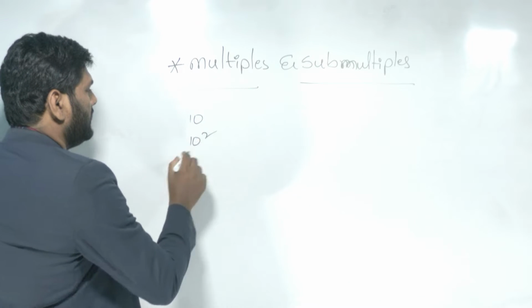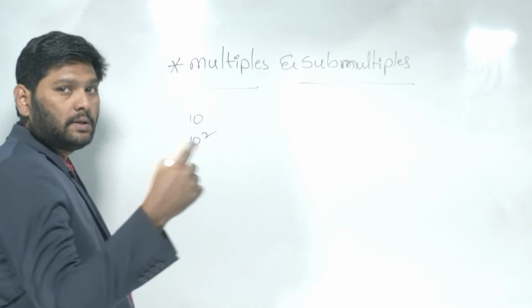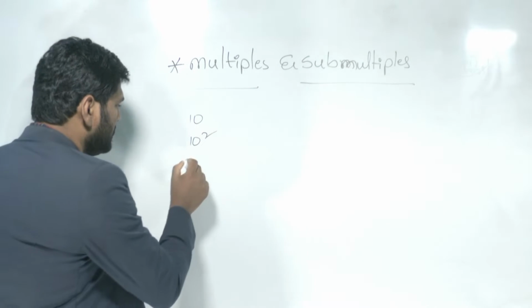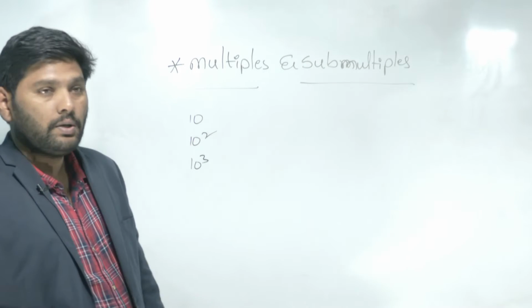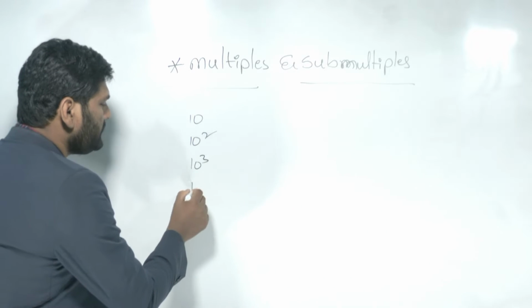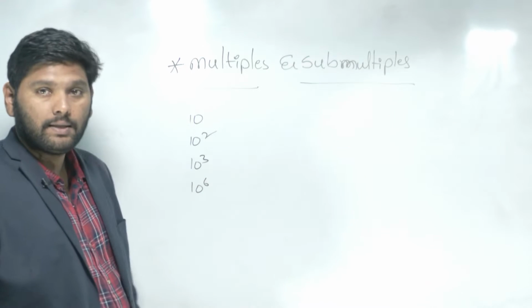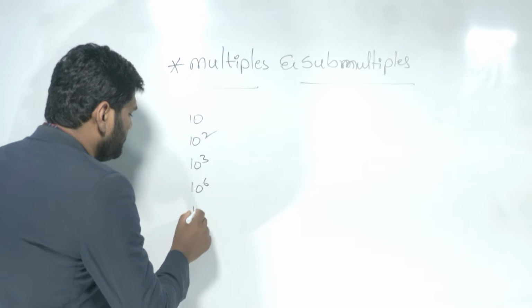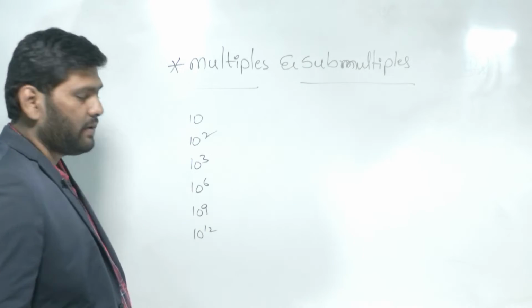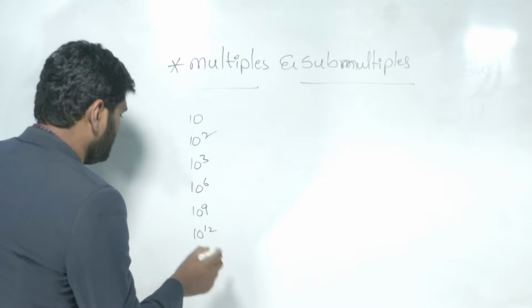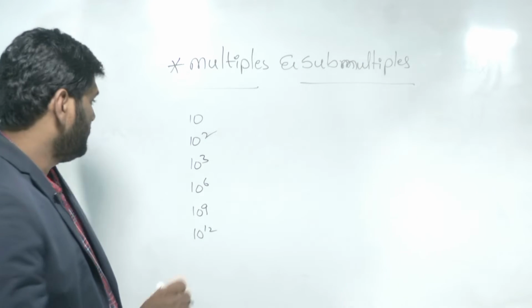The third multiple is 1000, which we can write as 10 cube, and directly 10 power 6, 10 power 9, 10 power 12. This is the way we will use multiples and submultiples.